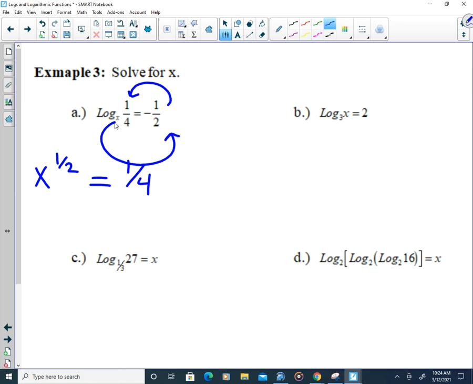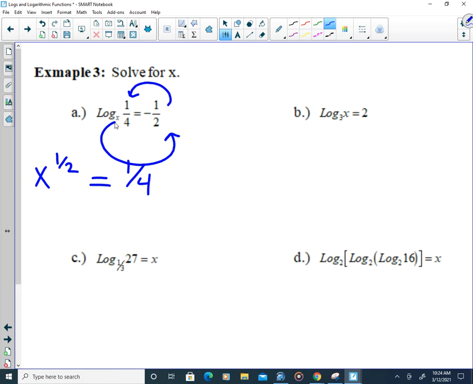Okay. Now yesterday, our variable was located in the exponent. So we rewrote both sides as powers. Well, today we have x. My x is in my base. It's x to the 1/2 is equal to 1/4. Well, this is actually a radical equation.